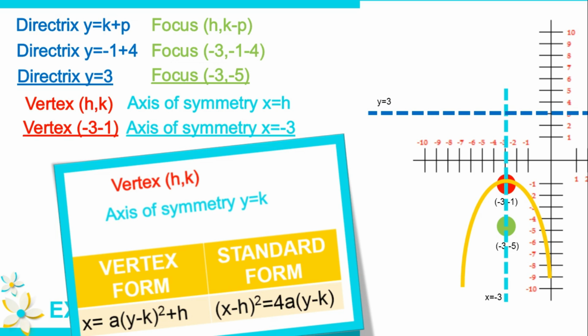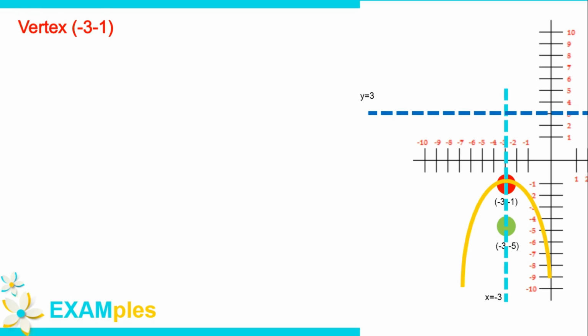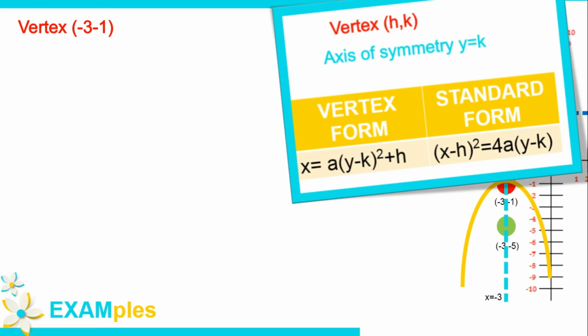So, let's go to the equation sa parabola. So, if this is the vertex, and this is the formula nga atong gamiton, kay mao na siya ang formula nga dapat para sa ani nga parabola opens downward. So, the focus is negative 3, negative 5. So, the value of p here is 4.